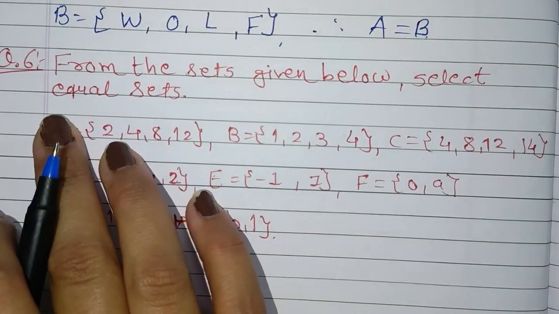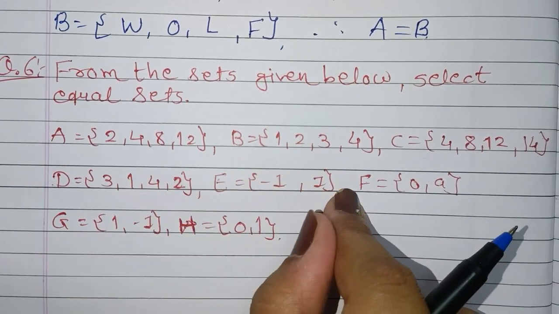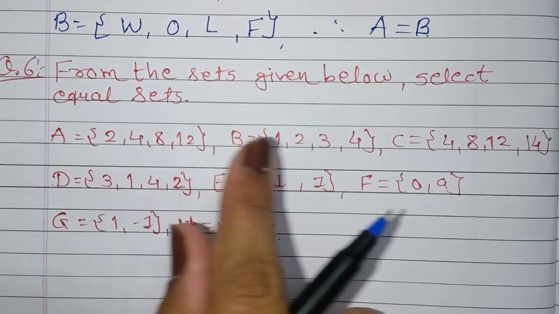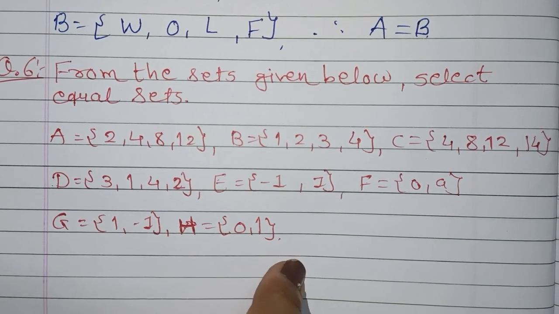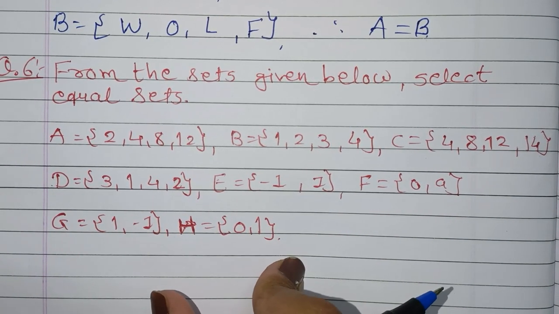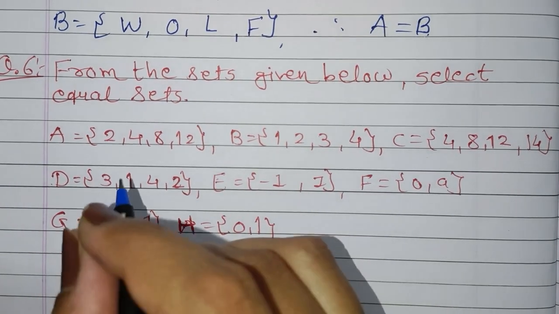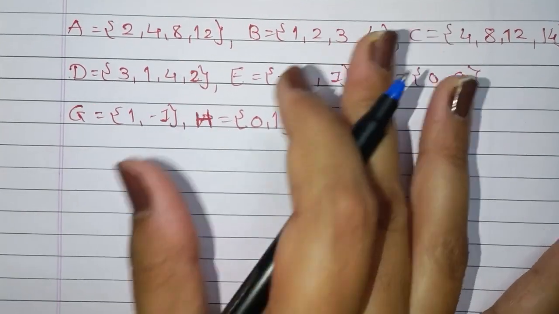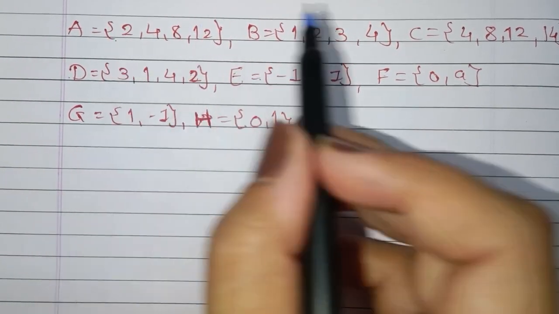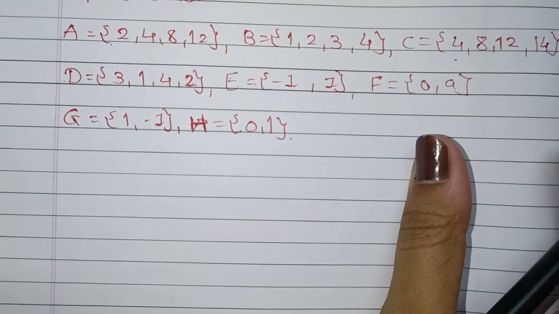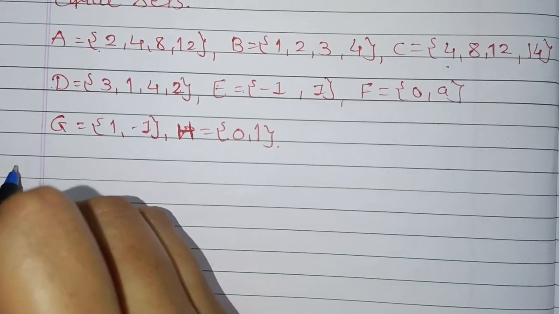Next, question number 6: from the sets given below, select equal sets. Here we have sets A, B, C, D, E, F, G and H, and we have to find which sets are equal. It can be seen that in A and C some elements are equal, but 2 does not belong.